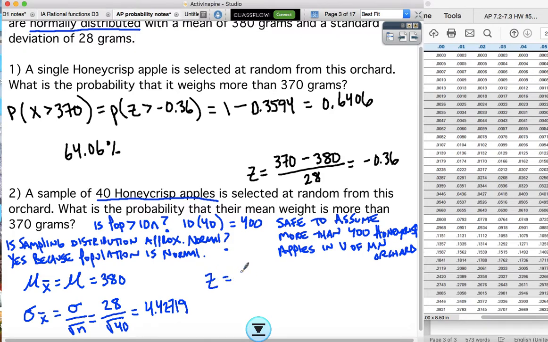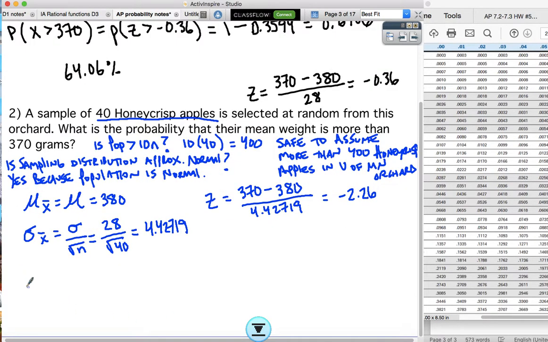So I take my value of 370 minus the mean of 380 and divide by this new standard deviation, 4.42719. Do you see how these two z-scores, the tops are the same? It's the standard deviation that changed. And now this z-score is negative 2.26.